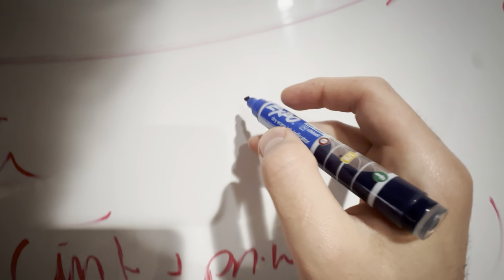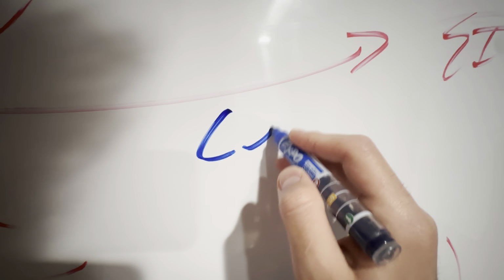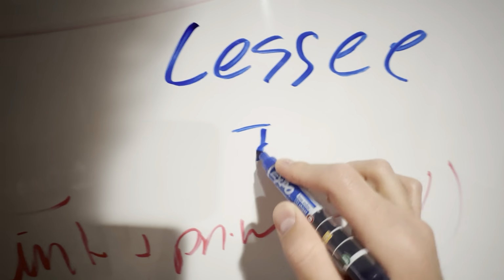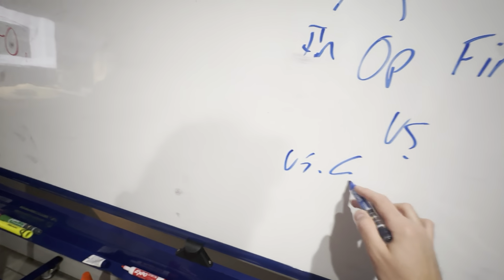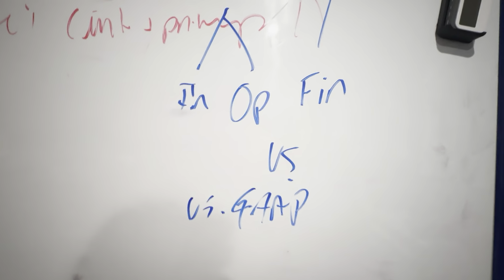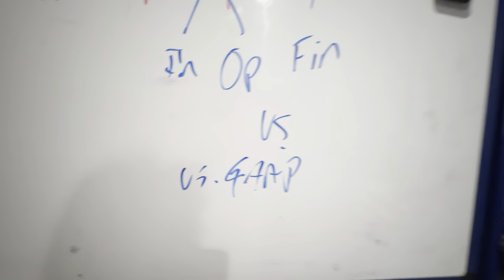And that's the difference between, let me use a different color to make a point here, that's the difference between lessee IFRS financing, operating, US GAAP financing versus US GAAP operating leases.